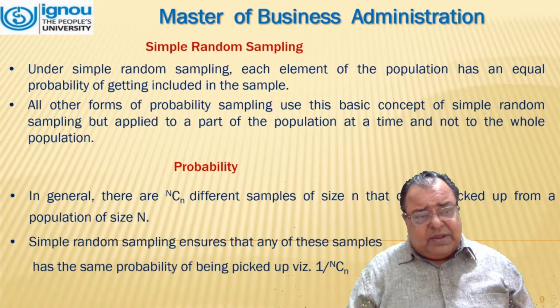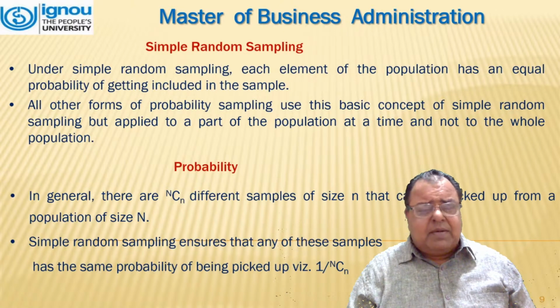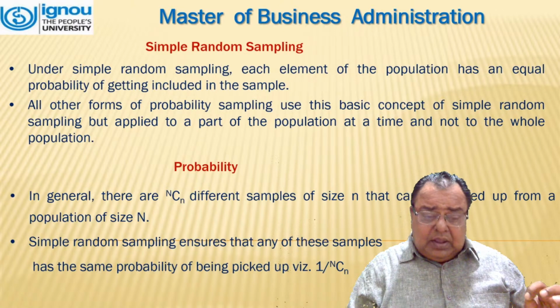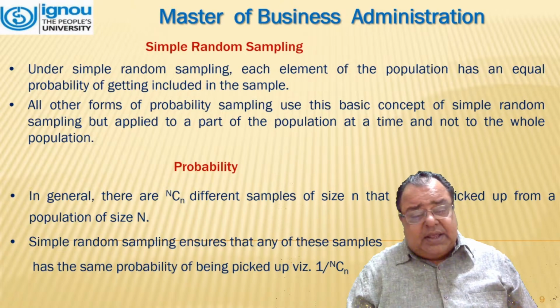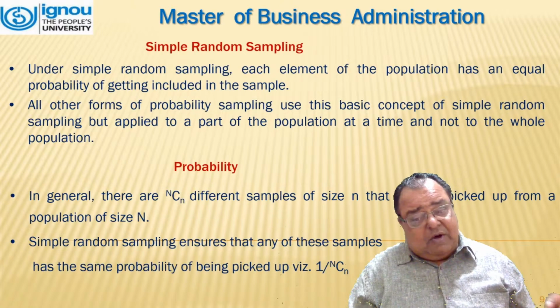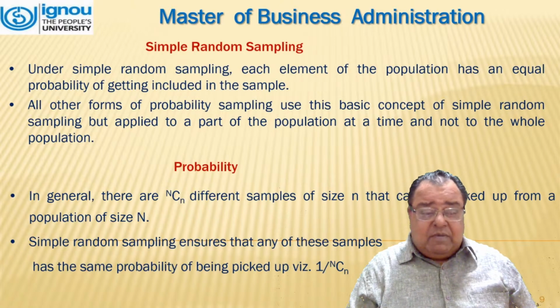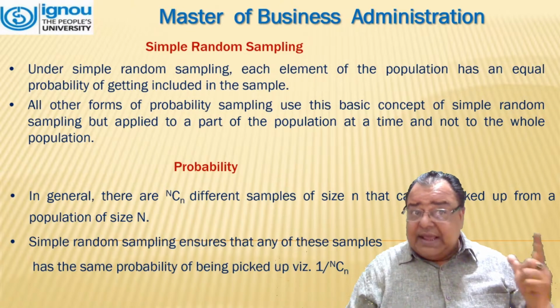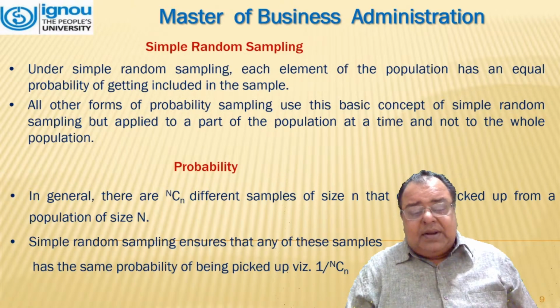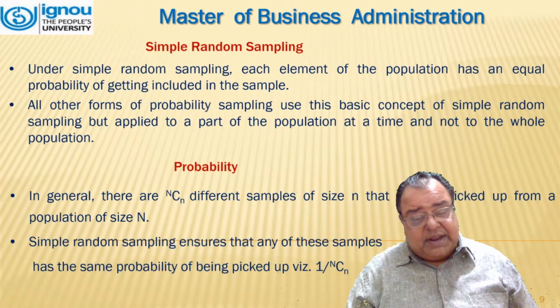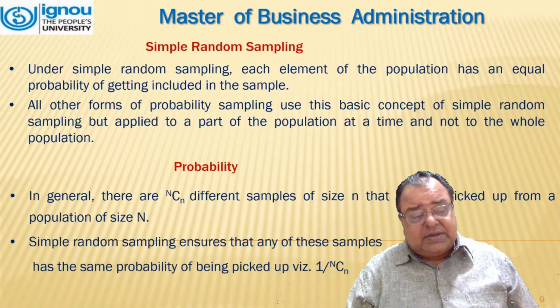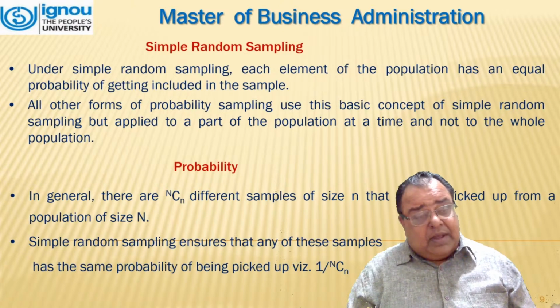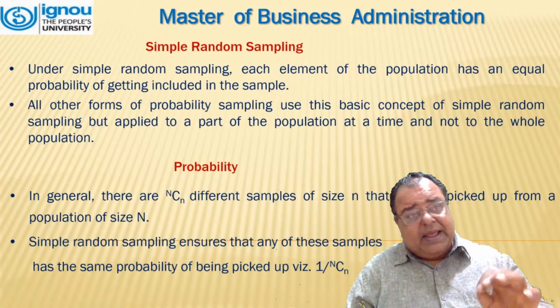Now here we will be talking about probability in the case of sampling. In general, there are NCn different samples of size n that can be picked from a population of size capital N. Simple random sampling ensures that any of these samples has the same probability of being picked up. For example, 1 upon NCn.